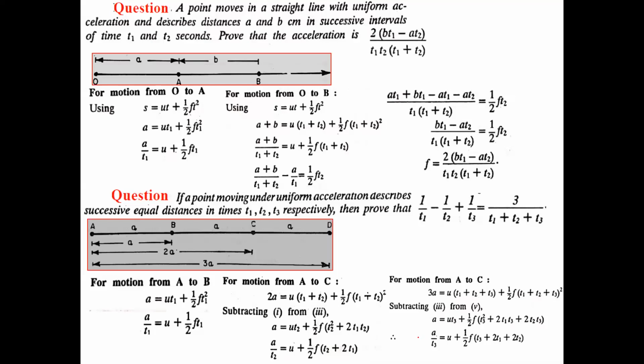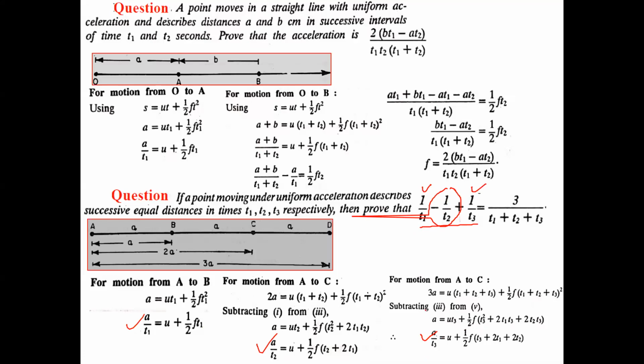So these three equations have been derived, 1, 2 and 3. Now what we have to do is add or subtract them according to what is written on the left side. So left side says 1 by T1 is positive, 1 by T3 is positive, but 1 by T2 is negative.